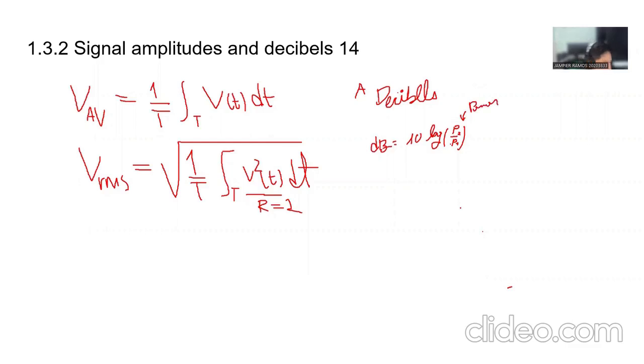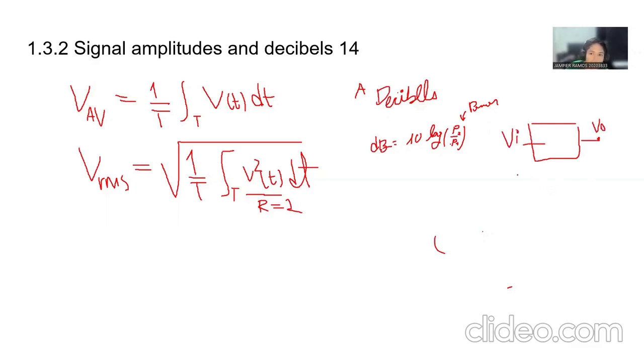So if we want to compare two different signals, the output of a system depends on the frequency. So V out and V in depend on the frequency.